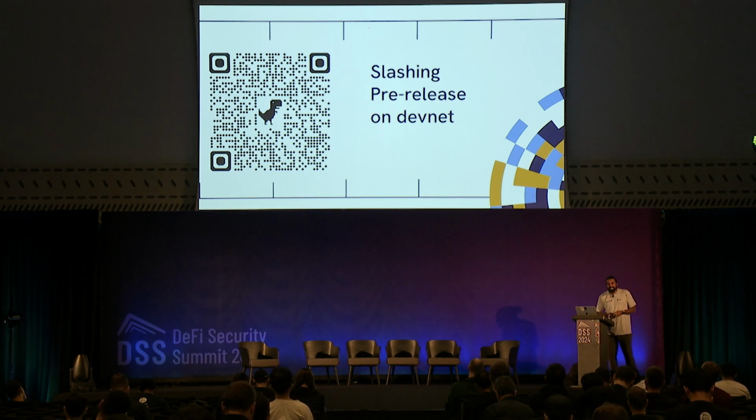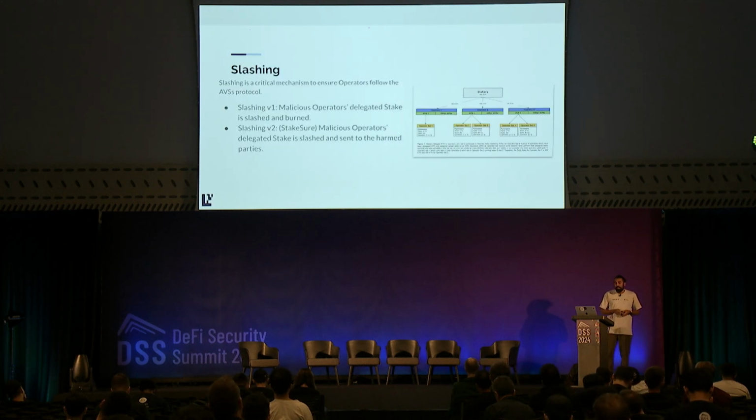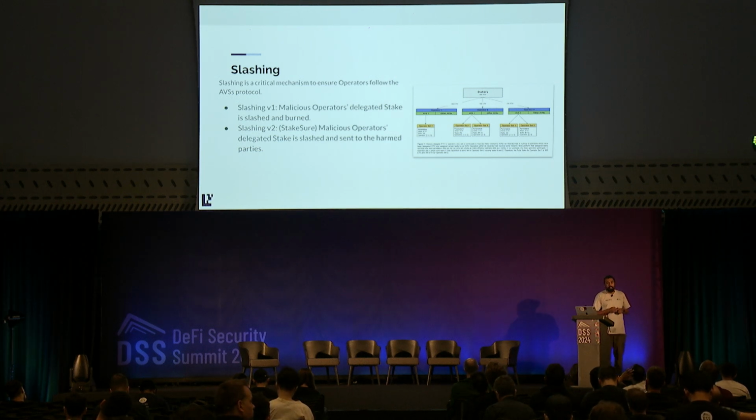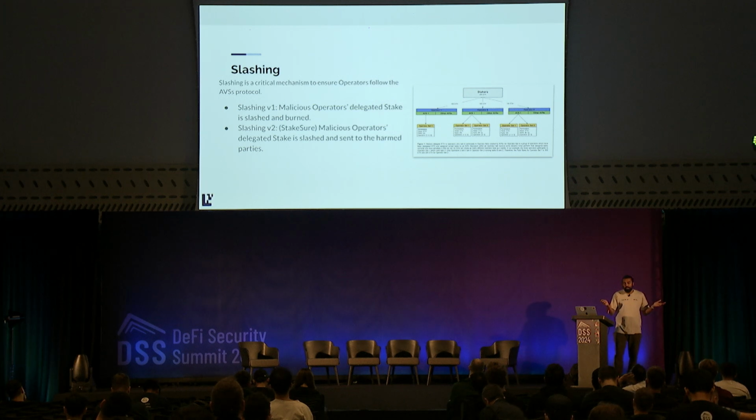Play with it. And slashing is a two-part release. So the first one that we have on the DevNet is where the malicious operator's delegated stake is slashed and burnt. So the stake is burnt.